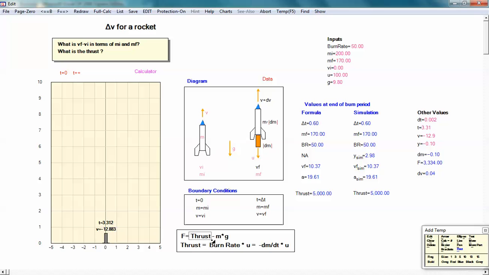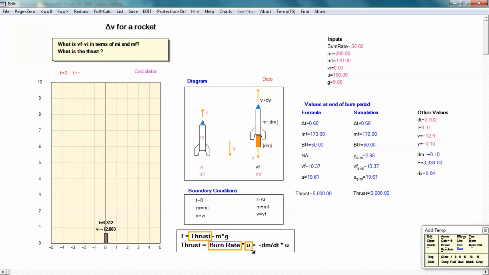What is the thrust? Well, the thrust is, let's say, defined. It's not really defined. We're going to derive this formula in the next module. We'll show that the thrust is the product of the burn rate times the velocity at which the exhaust is being propelled from the rocket.